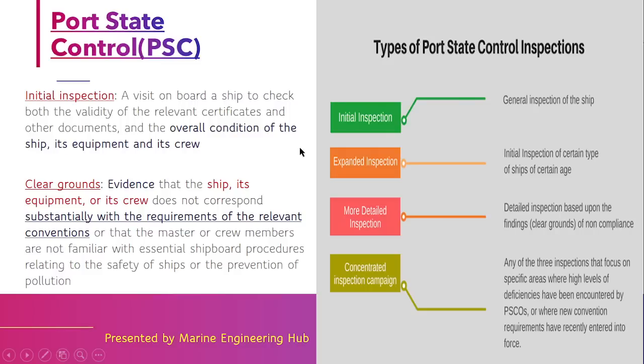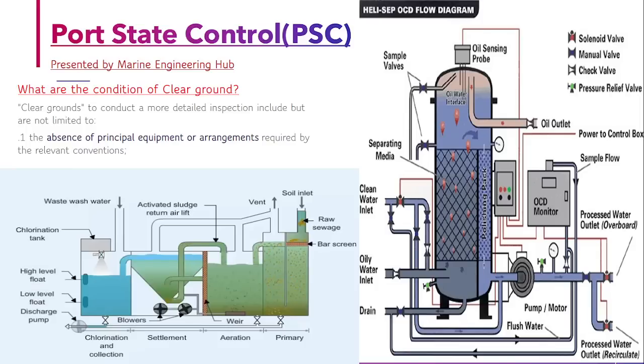So suppose your ship is coming to a port and is subjected to PSC, and while carrying out the initial inspection evidence has been found that you are not complying with the international rules and regulations, then you may be subjected to a more detailed inspection. If you are subject to more detailed inspection and you are found not compliant, your ship will be detained and your flag state will be informed.